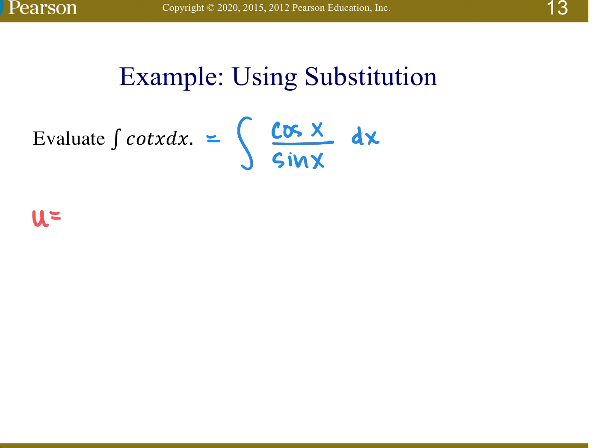When you end up with a denominator, if I was making rule of thumb number 5, it would be choose the denominator. If you don't have parentheses or anything else to tip you off, choose the denominator, sine of x. Because what is the derivative of sine of x? You can see it's cosine of x, so I'm going to be able to reduce out the cosine of x that I had.